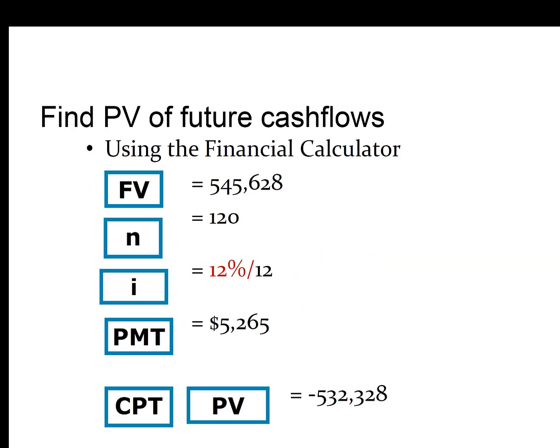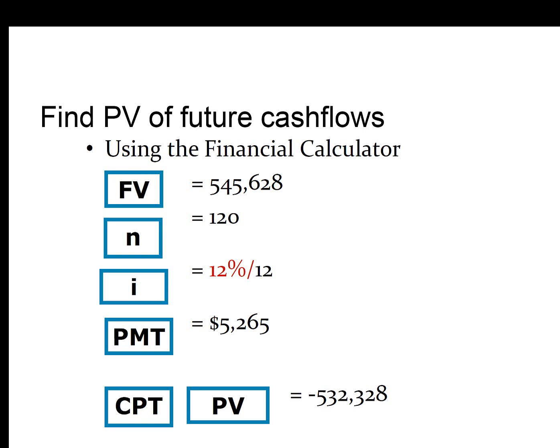Now we need to find the present value for the future cash flow of this mortgage to the lender. So the future value is $545,628. The number of periods equals 10 years, 120 months. Annual interest rate is market interest rate 12%, divided by 12. The monthly payment is $5,265.